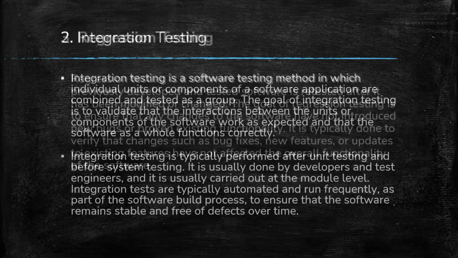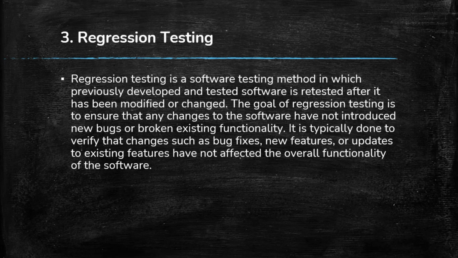Okay, let's go to regression testing. Regression testing is a software testing method in which previously developed and tested software is retested after a change. Okay, overall, what's regression testing? Now I am a tester. I try to detect defects and I found a defect.